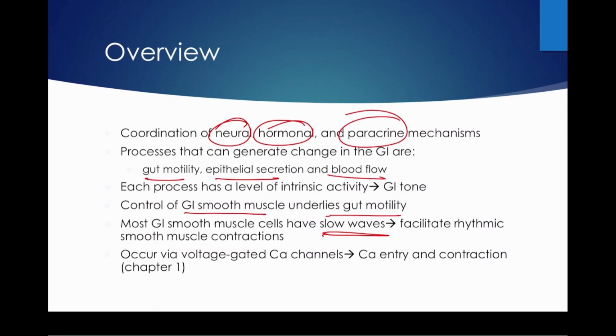If you've ever heard your stomach making noises or different weird things, it's just your normal GI motility squeezing and moving things around. And voltage-gated calcium channels. So I'll go back to your lecture 1. We talked about smooth muscle, and it's that calcium-calmodulin complex that they form because this is smooth muscle now. This is not skeletal or cardiac muscle.